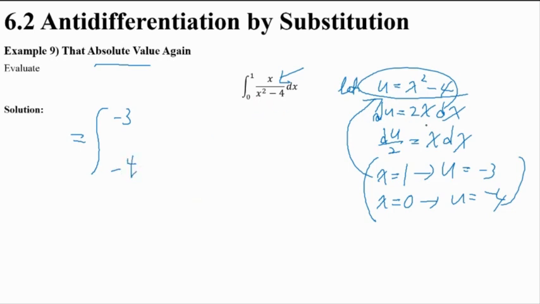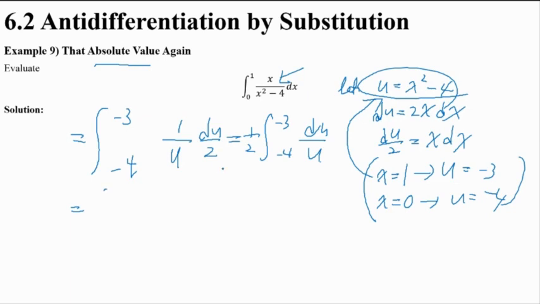And the denominator part is u, and the numerator part x dx will be du over 2. So which means 1 over 2 integral from negative 4 to negative 3 of du over u. Okay, so we change it. This is the natural log.